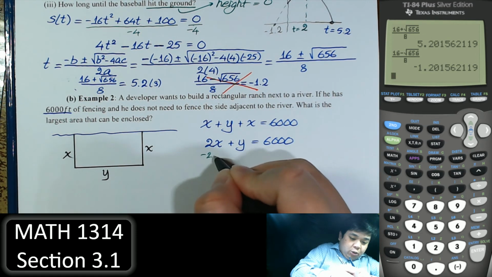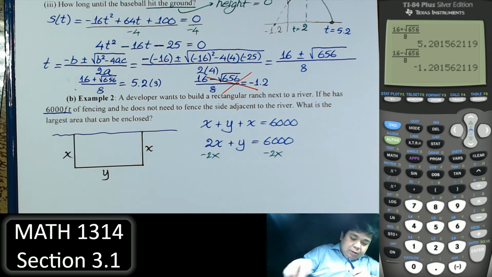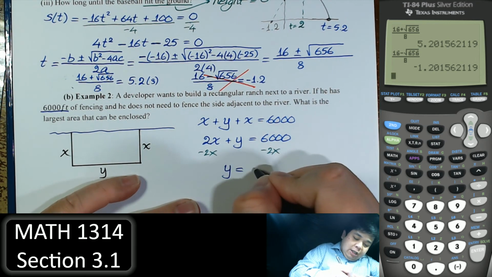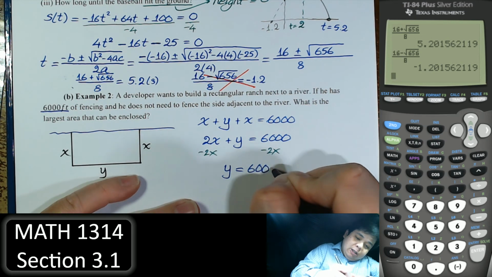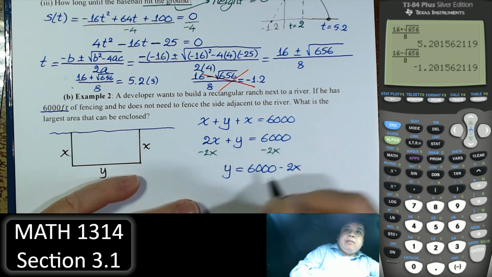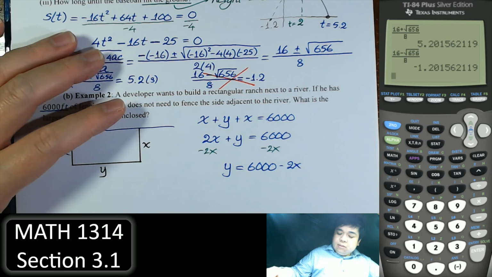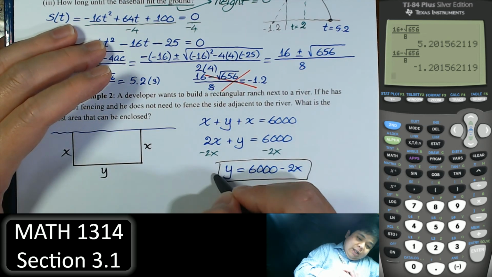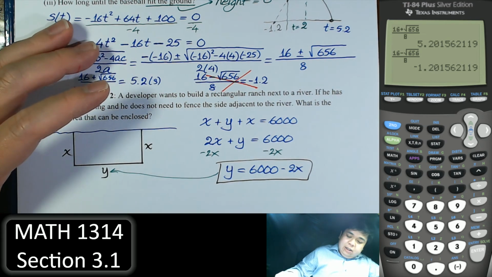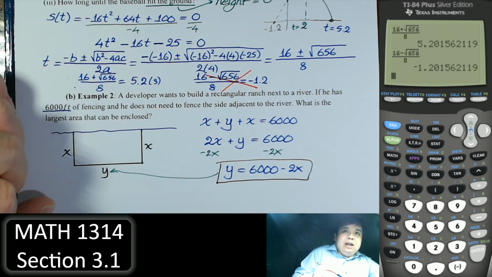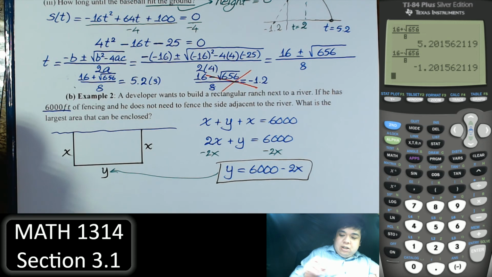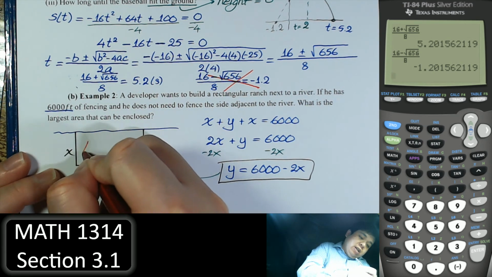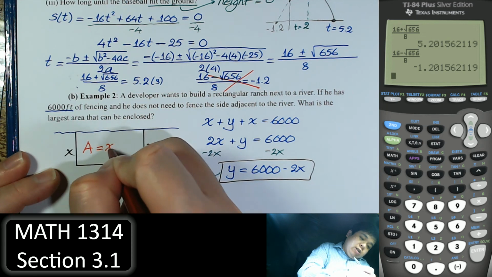If we subtract 2x on both sides, we have y equals 6,000 minus 2x. And from there, we can substitute for y. That's 6,000 minus 2x. And the area, which we're trying to maximize, is just x times y.